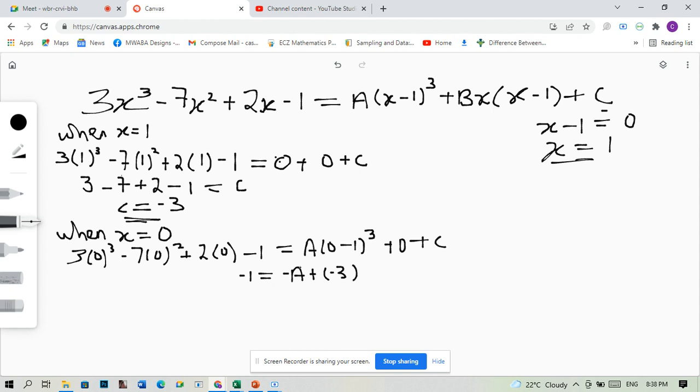So we take a over to the left-hand side, and negative 1 we bring over to the right-hand side. So a equals negative 3 plus 1, and thus a equals negative 2.